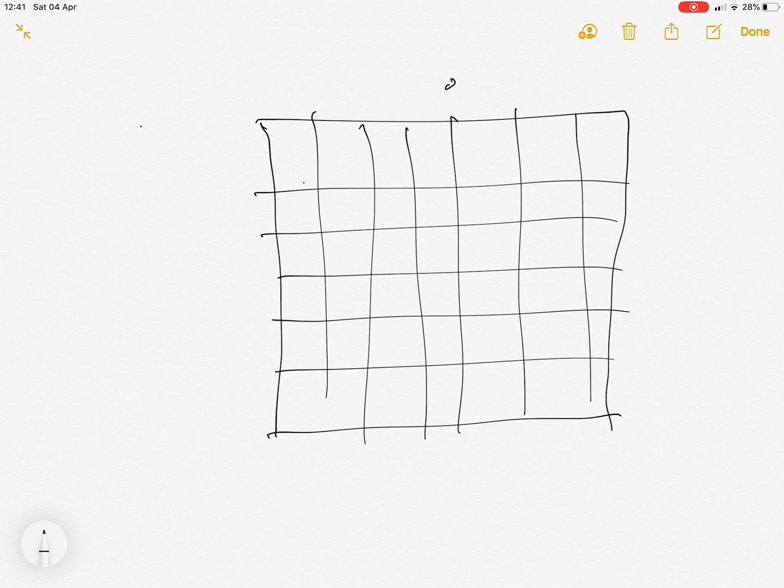So it's 0 to 180 west or east, and 0 going to 90 north or 90 south.